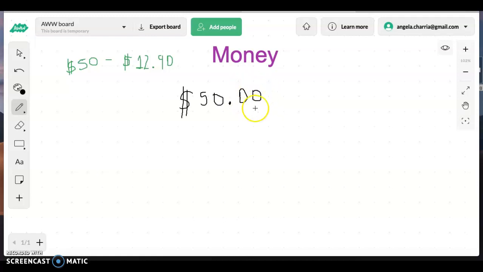We have to do this, otherwise your subtraction is not going to be correct. And you're going to subtract $12.90 from those $50, now you can organize the dollars in the place of the dollars and the cents in the place of the cents, okay?